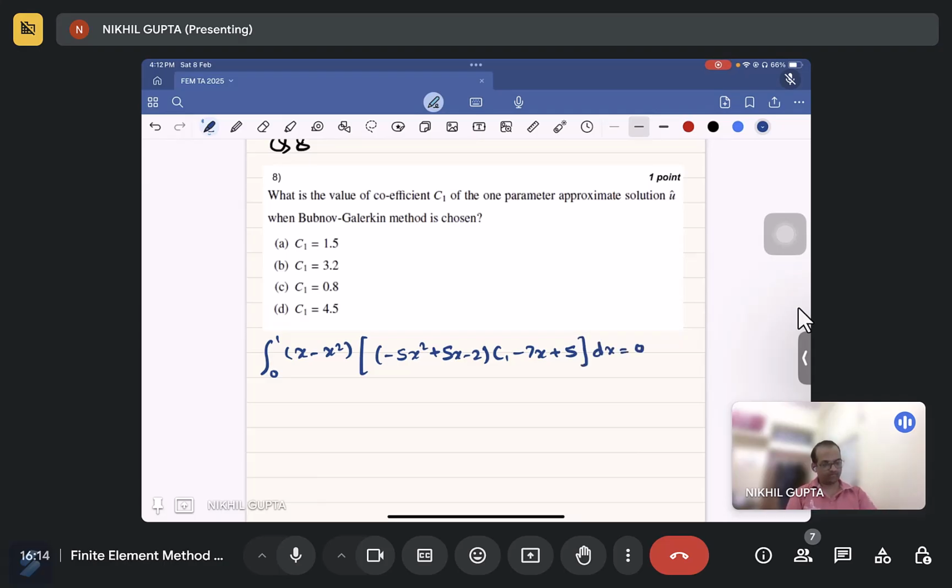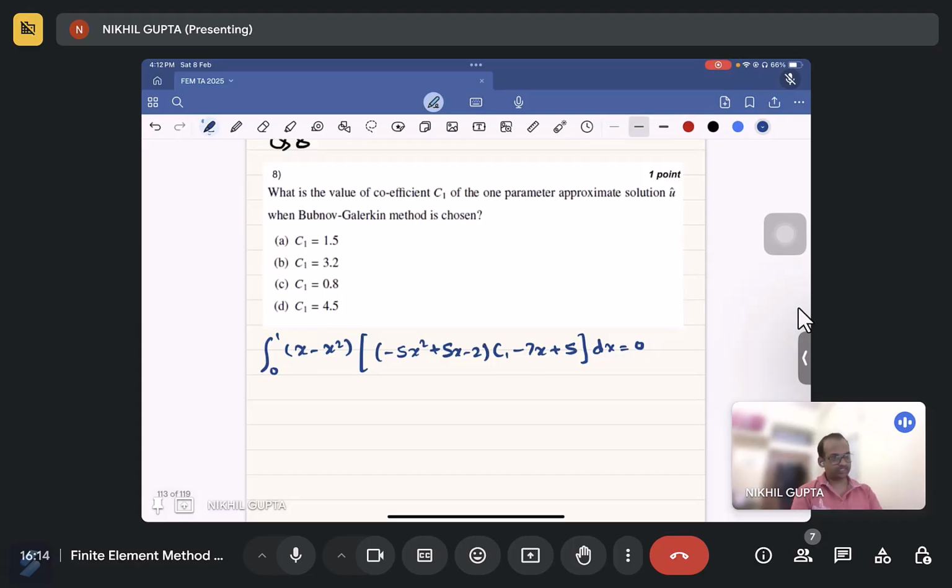Okay, so this is the beginning of the Galerkin method. Let's start solving it. So multiplying it, we'll get minus 5x cube plus 5x square minus 2x C1 minus 7x square plus 5x plus 5x power 4.